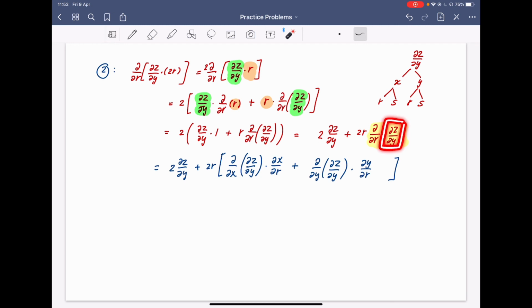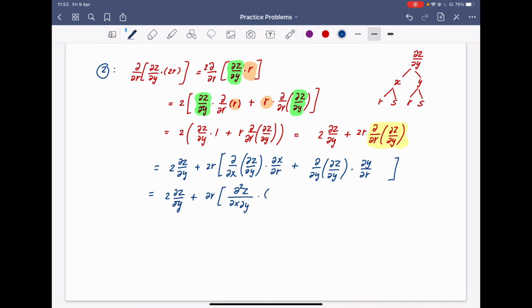This is the thing that I have in the box here on the top level. So I want to differentiate that. I differentiate with respect to x first, and then multiply curl x by curl R, and differentiate with respect to y, and then multiply by curl y by curl R. Sounds good. And then next, I simplify a little bit more. So I have that thing, the notation is going to be curl square C by curl x curl y here, and then differentiate x with respect to R here.